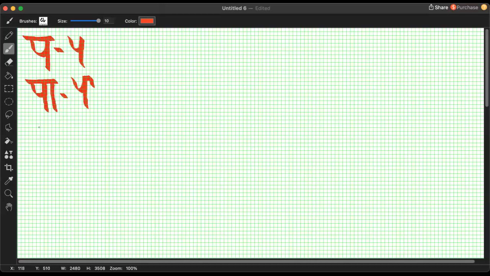Then you have P. So first you write per, and on the left side, to the left part of the alphabet, you're adding this matra.